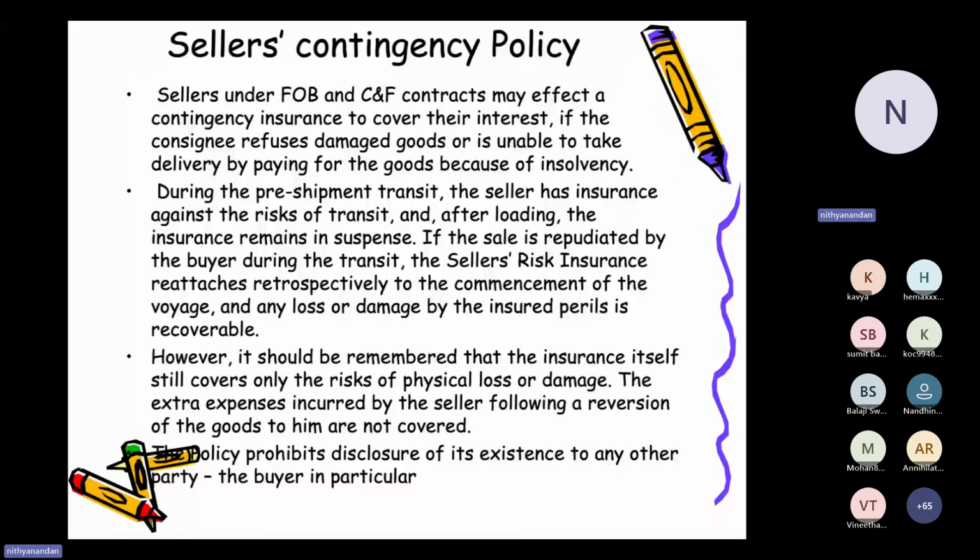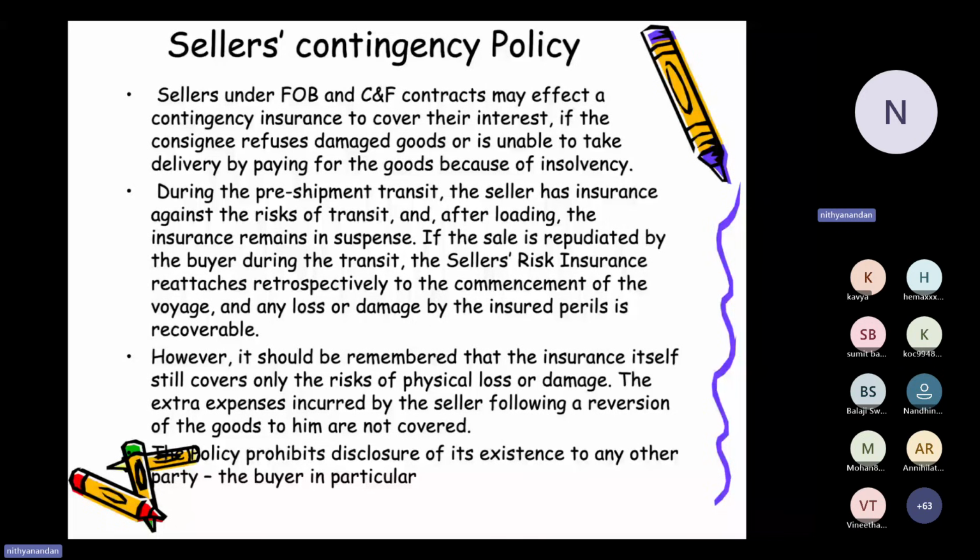Seller's contingency. Afterwards, you just go through the write-up I am going to give you. I will just explain what a seller's contingency policy is. Suppose the goods are sent abroad from India. For some reason, the goods may not be taken delivery of abroad by the buyer.